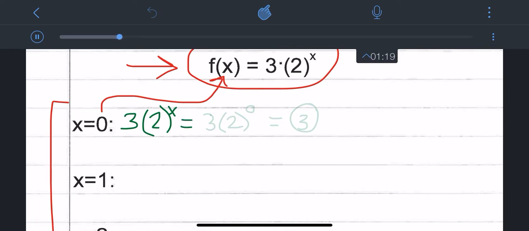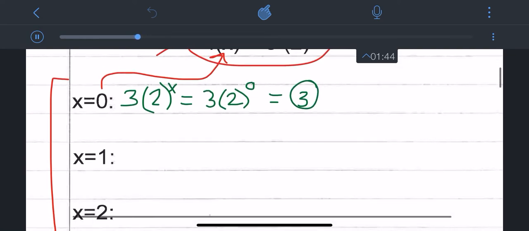So that's going to look like 3 times 2 to the 0 power. And if you are good with exponents, or if you put that into the calculator exactly how you see it, then you are going to get, well, 3 times 2 to the 0 is just 3.